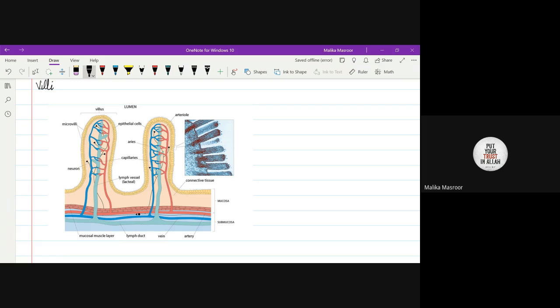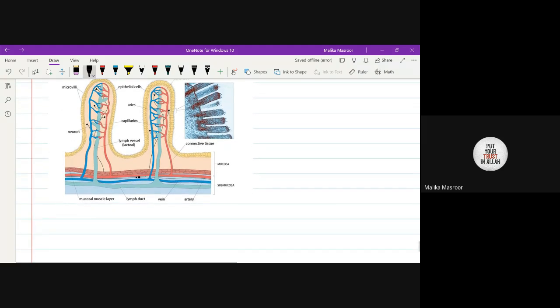These microvilli are basically increasing the surface area for absorption.